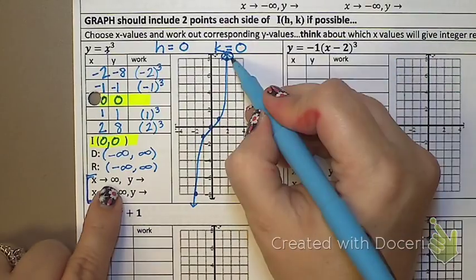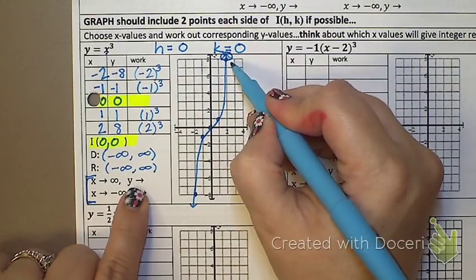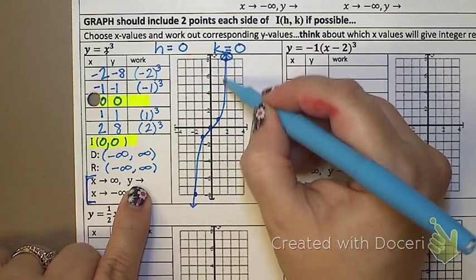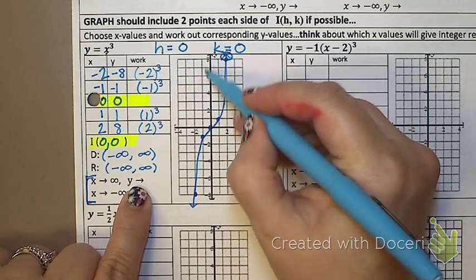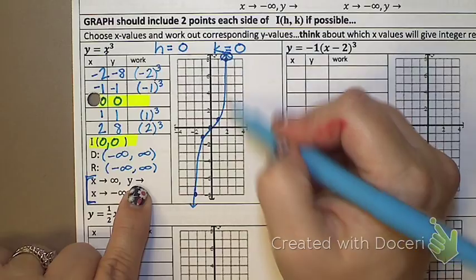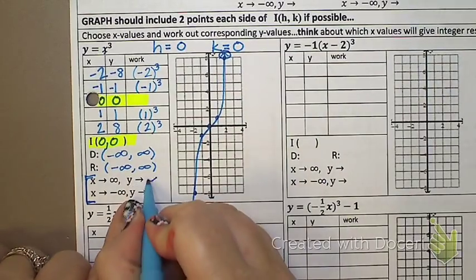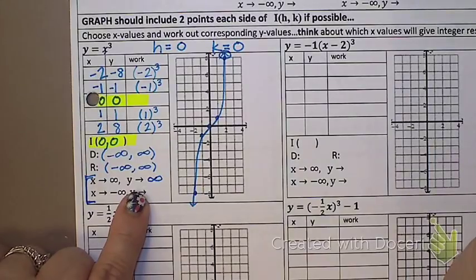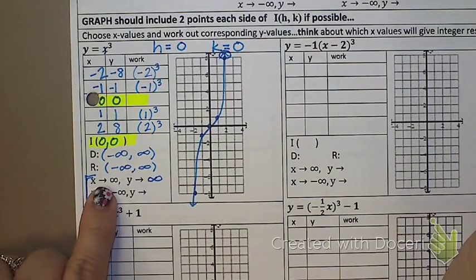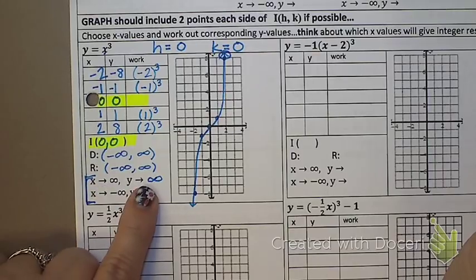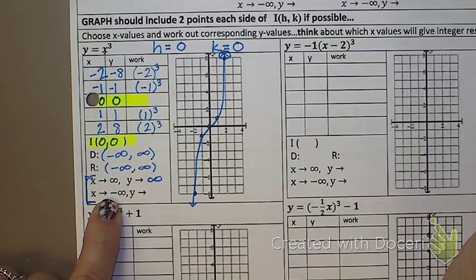So on the right side of my graph, what is happening to y? Is it going up towards positive infinity, or is it going down towards negative infinity? It's going up, so I would fill it in with a positive infinity. So that statement says on the right side of the graph, the end is going up. What do you think the next statement says?